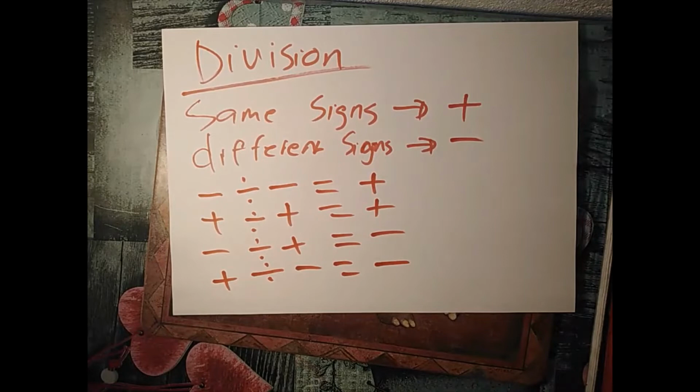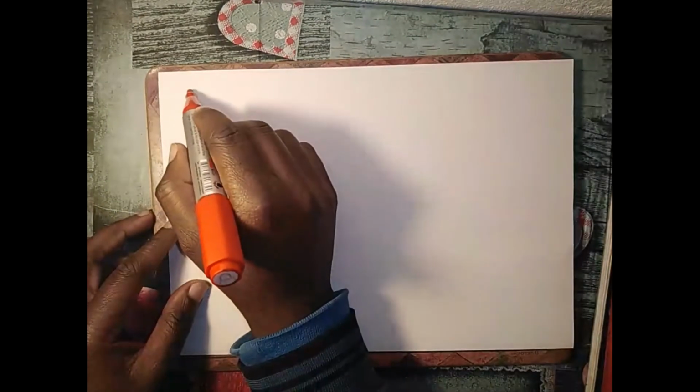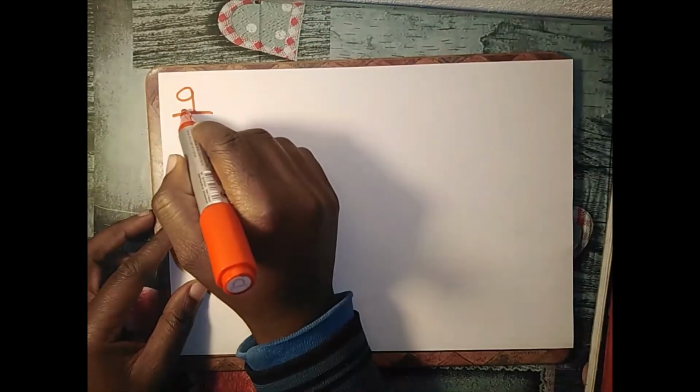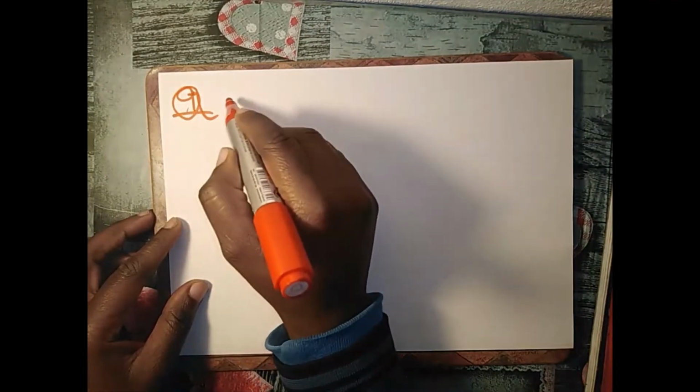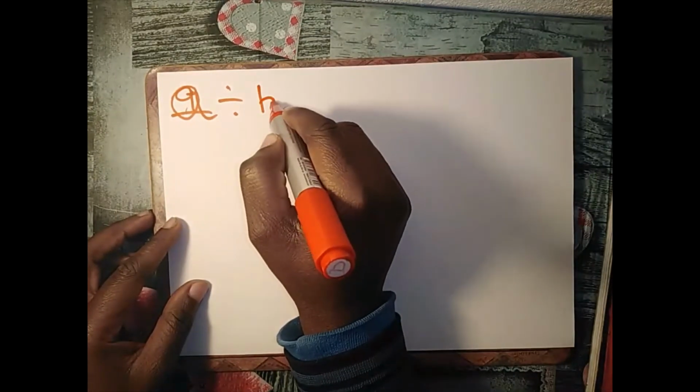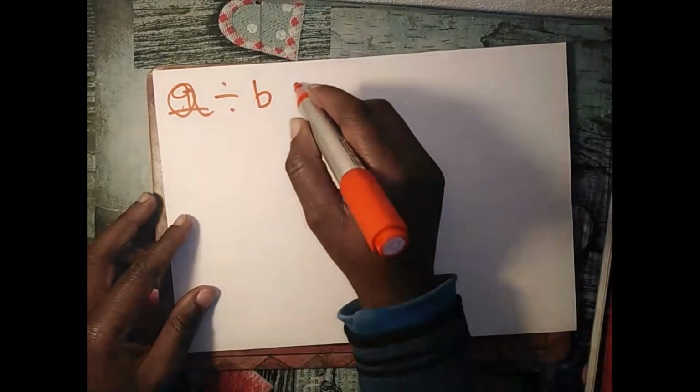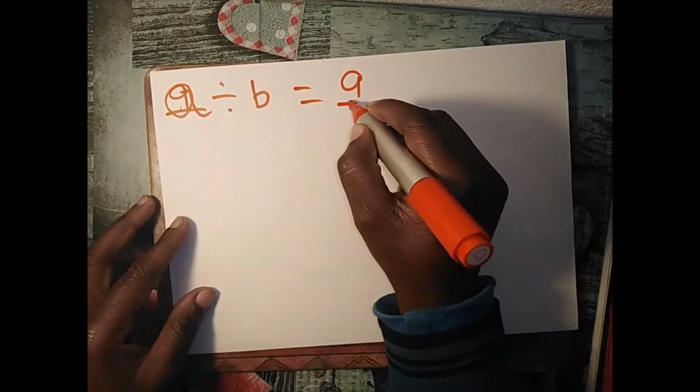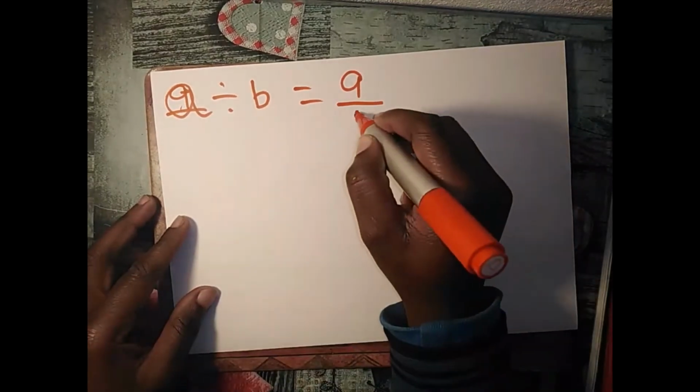And then another very important thing that you should take note of when it comes to division is that sometimes we use a division sign, but sometimes we use something else. So for example, instead of saying a divided by b, you can also say a over b.